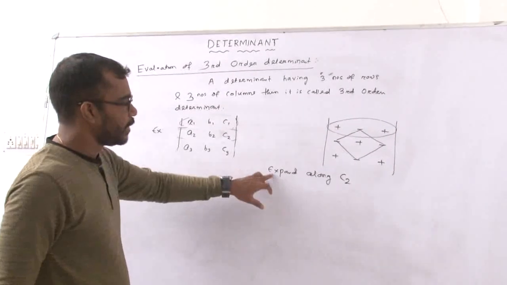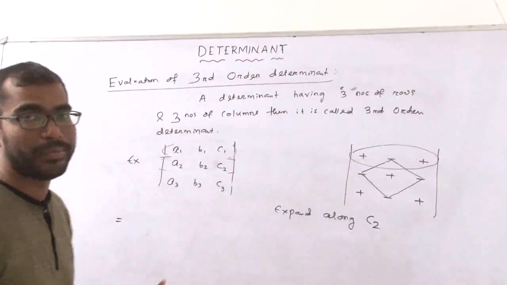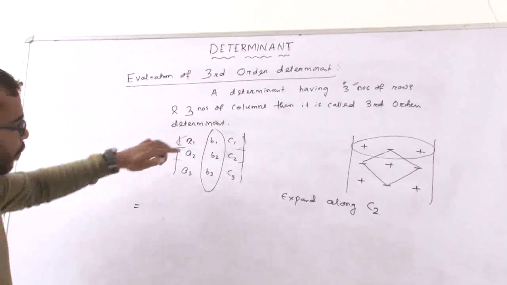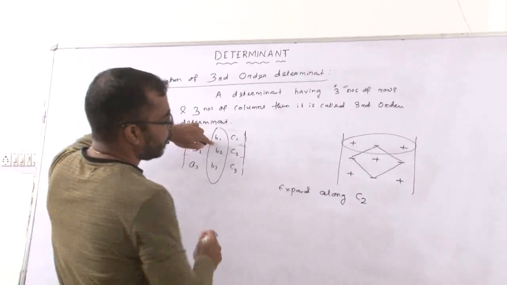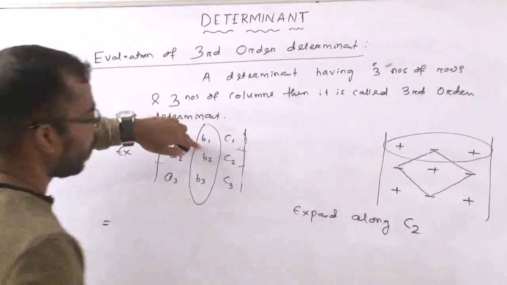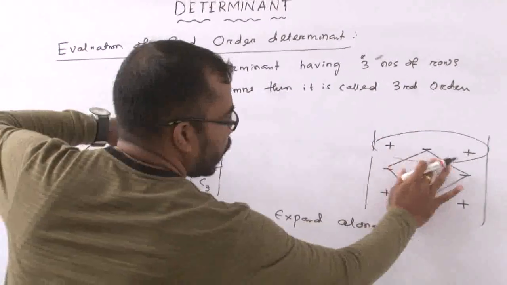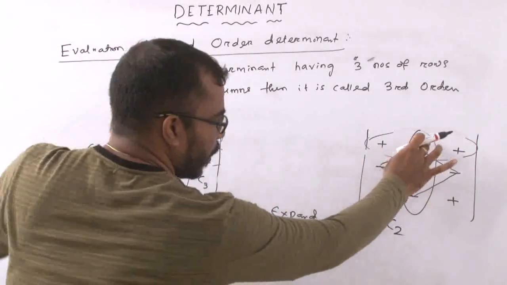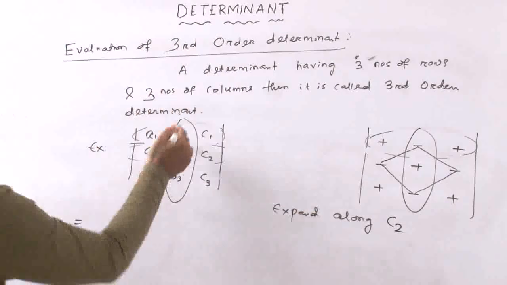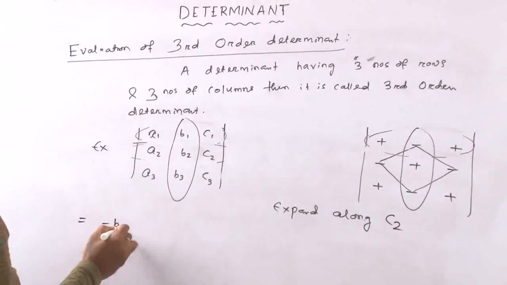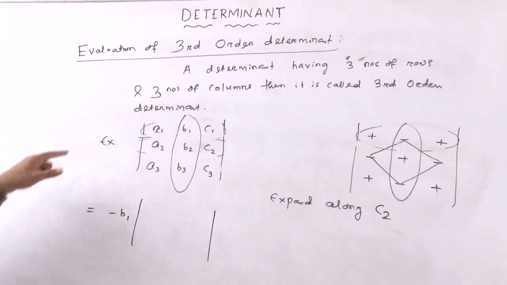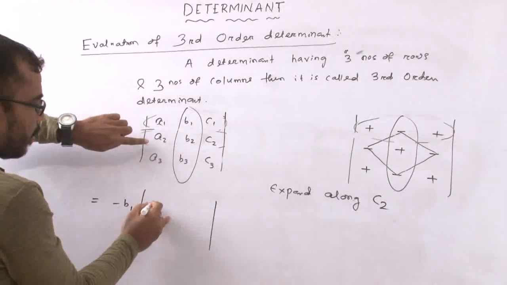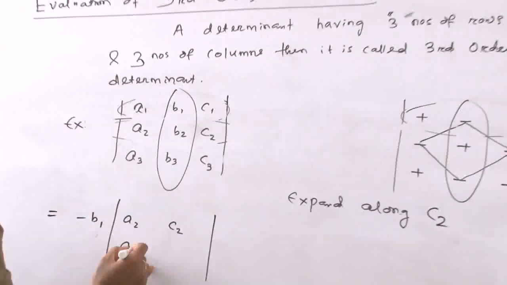So here we expand along C2, that means column 2. Now we find the signs of this column 2. The signs are minus, plus, minus. So the sign of B1 is minus B1. If we delete the row and column containing B1, we get A2 C2 and A3 C3.